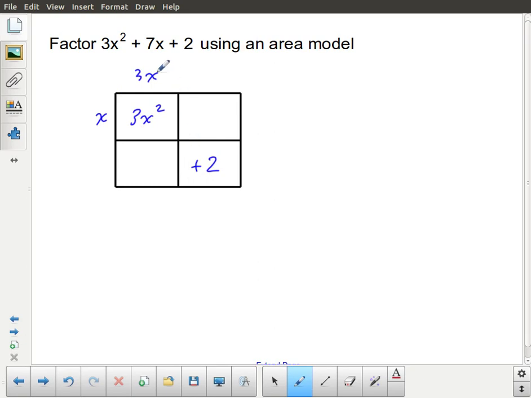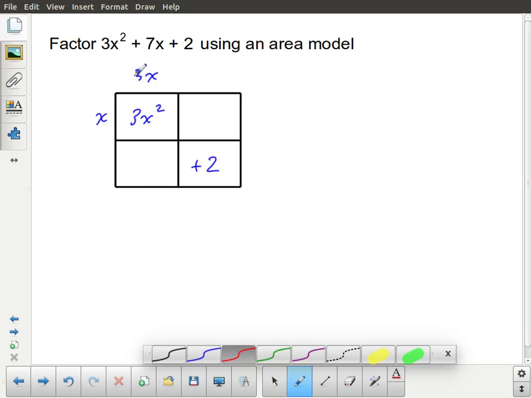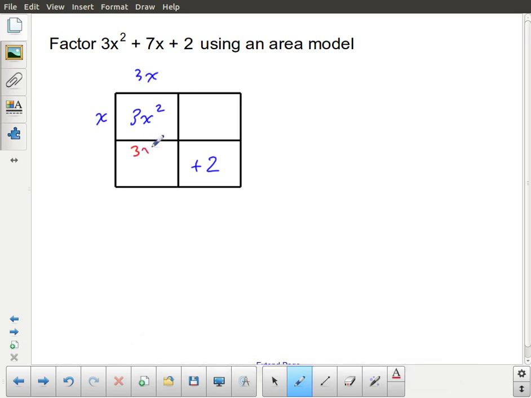So in this case, I've got 3x and x. So this side is 3x long. That means that what goes in this box is going to have to be multiples of 3x. So this could either be 3x, this could be 6x, this could be 9x. Now I put 9x there, but it actually can't be that.